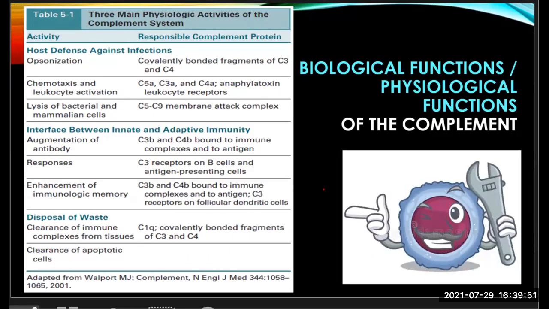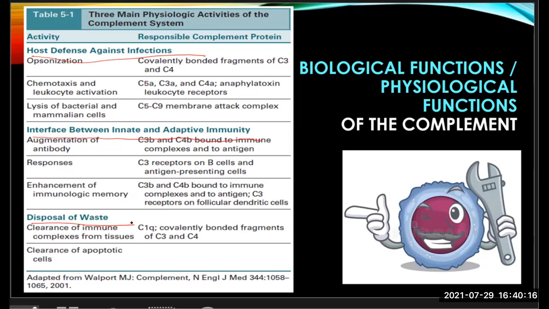In this one, the tabulated physiological functions of the complement as presented by Turgeon are categorized into 3 pertinent activities. We have host defense against infection, the interface between innate and adaptive immunity, and the disposal of waste. Somehow it is the same thing, just categorized or said in different ways, but the main themes run through.